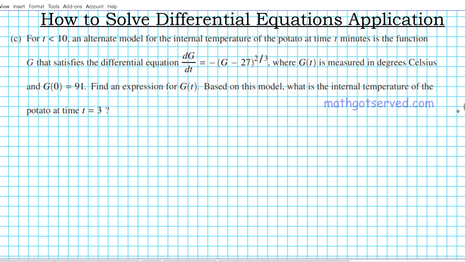Question 4C reads, for time t less than 10, an alternate model for the internal temperature of the potato at time t minutes is a function g that satisfies the differential equation dg dt equals negative quantity g minus 27 to the 2/3, where g of t is measured in degrees Celsius and g of 0 is 91. Find an expression for g of t. And then based on this model, what is the internal temperature of the potato at time t equals 0?